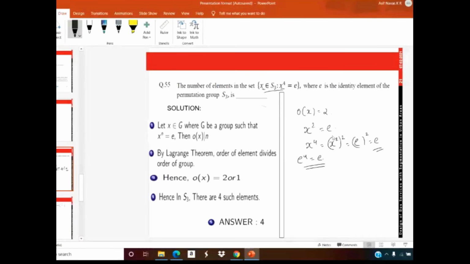Yes, sir. Okay, have you got it? e must be in this set. So what we can conclude is that the identity must be in this set, and also the count must be equal to 4. Is it clear?